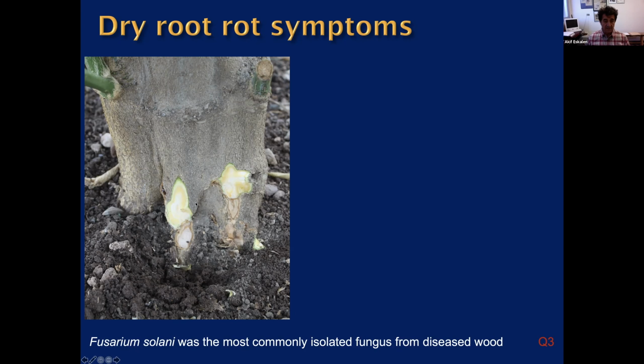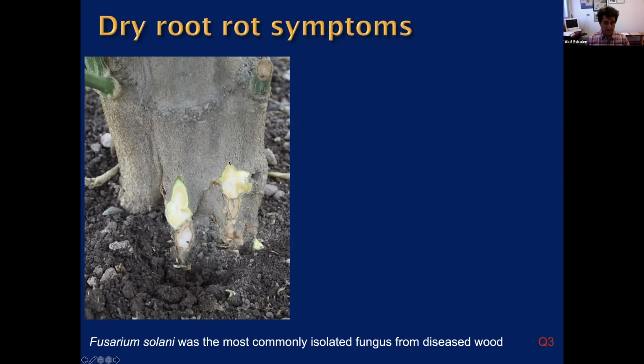When you see that kind of sunken area, with a clean knife, just peel the bark as shown in this slide, and you will see the dark discolored area, which is the indication of the dry root rot at the soil level. So only one side of this tree is showing the symptom. There are some other parts that are living.